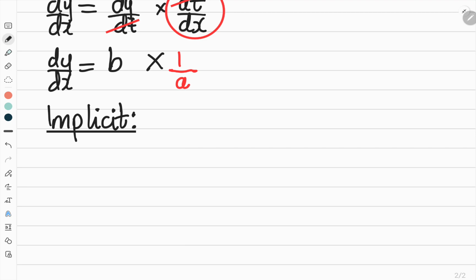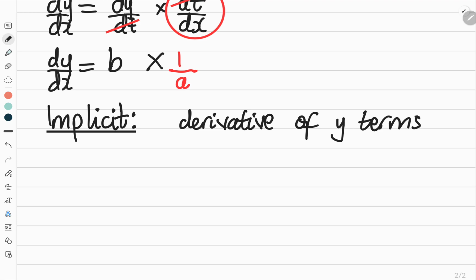We are going to say this is basically the derivative of y terms. Yes, we can think of it as the derivative of y terms. So when you differentiate a y term in whatever form that it is, you want that in terms of x, or with respect to x rather.